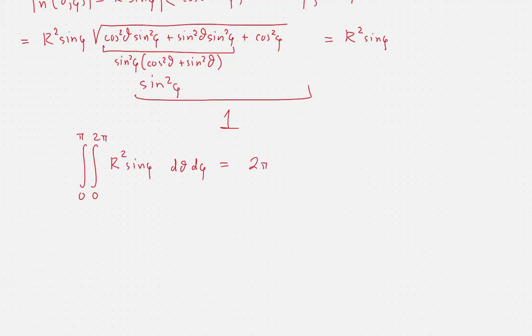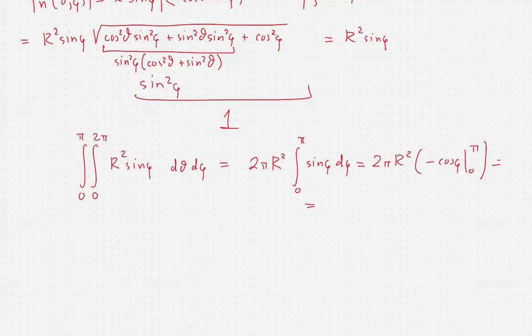R squared is also a constant for this integration, and eventually we'll land with the integral from 0 to pi of sine phi d phi, the antiderivative here being negative cosine phi going from 0 to pi. And this is negative 1 minus negative 1. So it's actually 2, giving a 4 pi r squared.